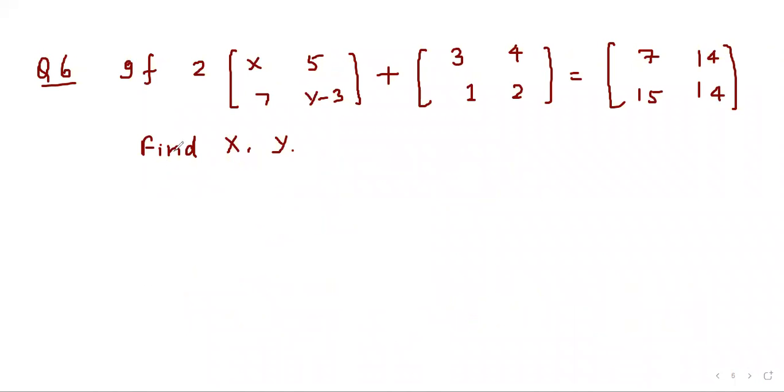Now, question number 6. If 2 times the matrix [x, 7; 5, y minus 3] plus [3, 4; 1, 2] equal to [7, 15; 15, 15], then find x and y.